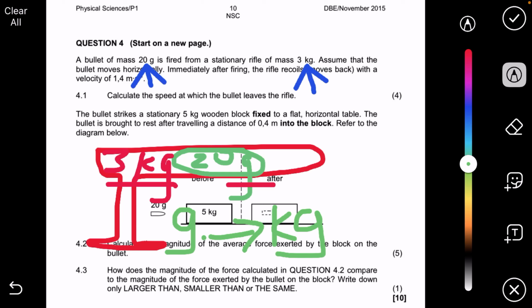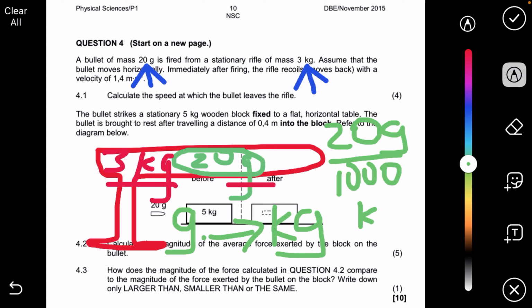So that means you will need to divide that 20 grams by 1,000. The answer that you get is in kilograms. So that's how you convert from grams to kilograms. That's something that I wanted you guys to notice.